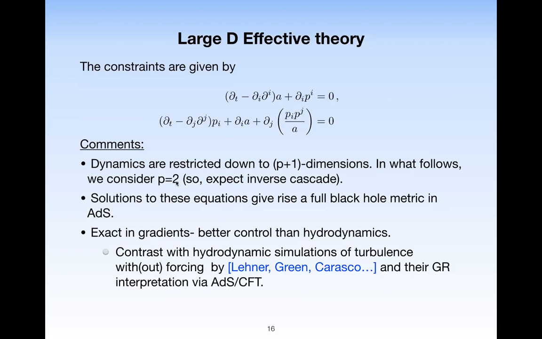So from the phenomenology of turbulence that we saw at the very beginning, we expect to see an inverse cascade. These equations look very simple, and they do not depend on the radial direction because we've already solved for that. So in principle, if we solve this, we obtain the full black hole metric in AdS.